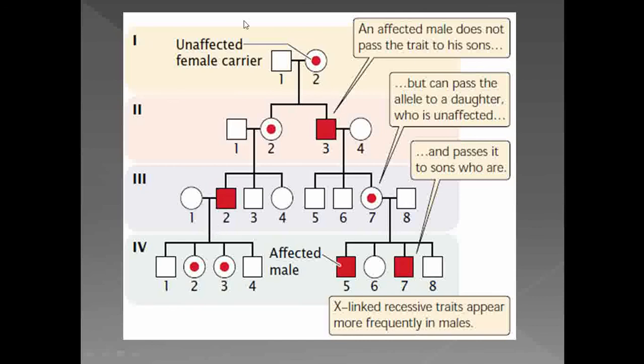Just see here the pedigree chart. The male is normal, but the female is affected, or you can say the carrier. From the carrier female, in the next generation, the daughter is a carrier, but the male is affected. See the next generation, in which once again the female is a carrier and the male is normal, and here once again the male gets affected. If the male gets affected, the female is normal.